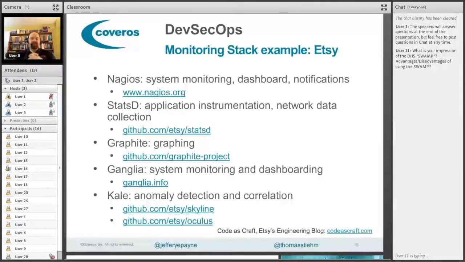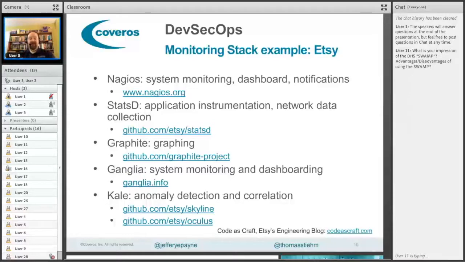And this is an example of a monitoring stack. This is actually what Etsy uses. They chose to use Nagios, which we talked about a little earlier. They created a package called StatsD to help them collect information about their network and do application instrumentation. Then they dashboard that using Graphite and Ganglia to help them see what's going on.